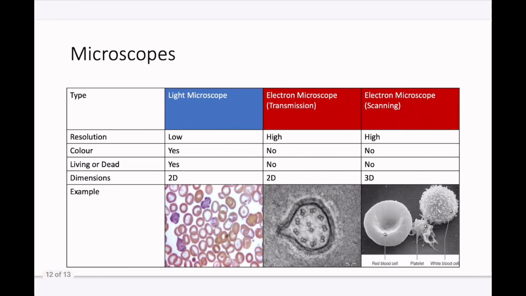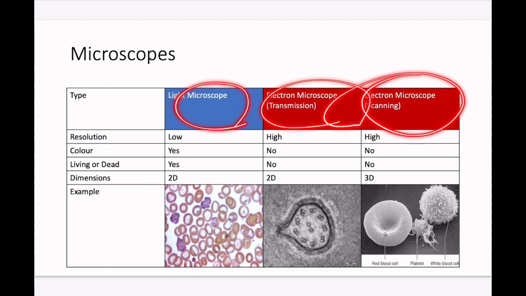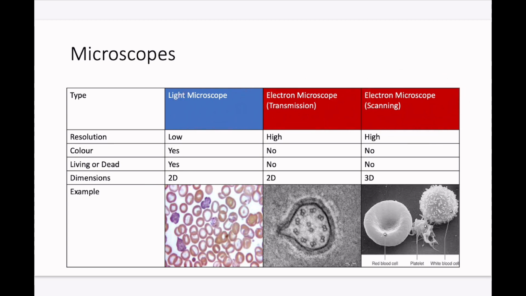We've touched on cells for a while, so we should probably now look at how we're going to see them. The table lists a couple of methods for us to see what the difference is between different kinds of microscopes. Microscopes can be first divided into two big categories, light and electron over here. And electron microscopes can further be divided into transmission and scanning, which are the varieties we're going to work with.